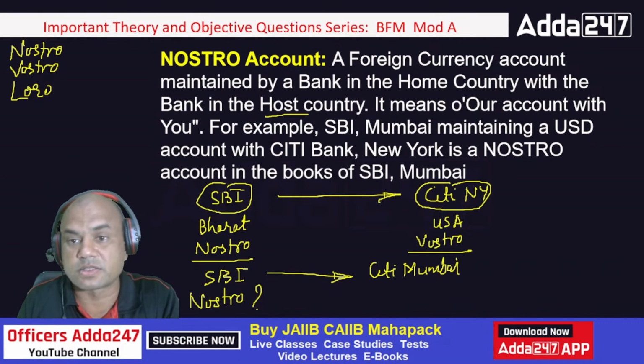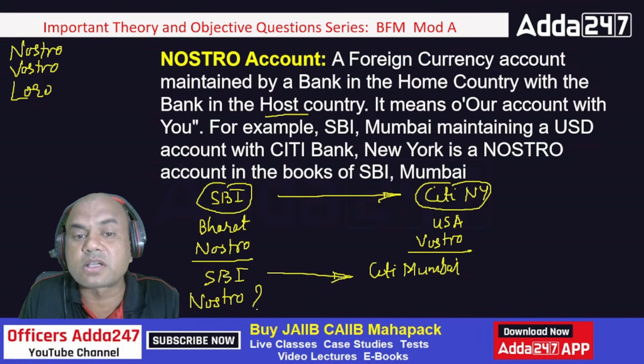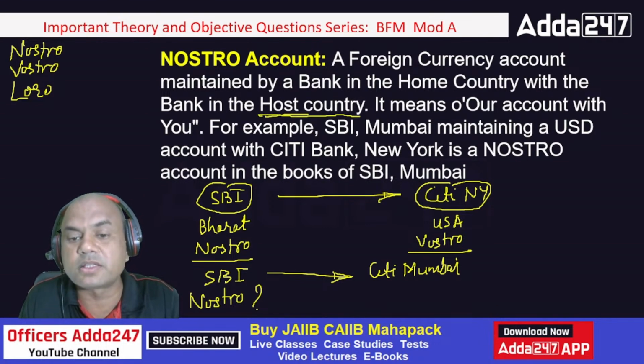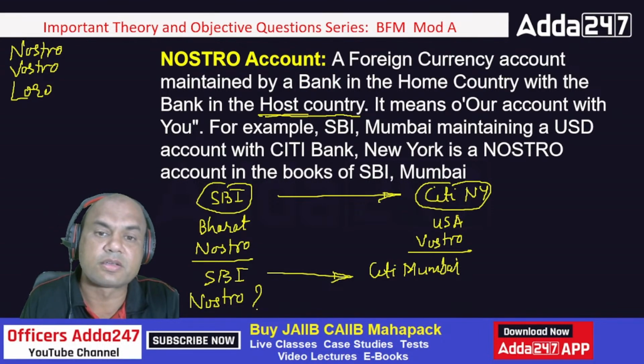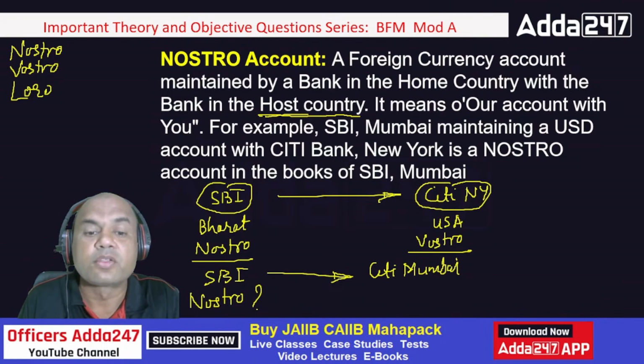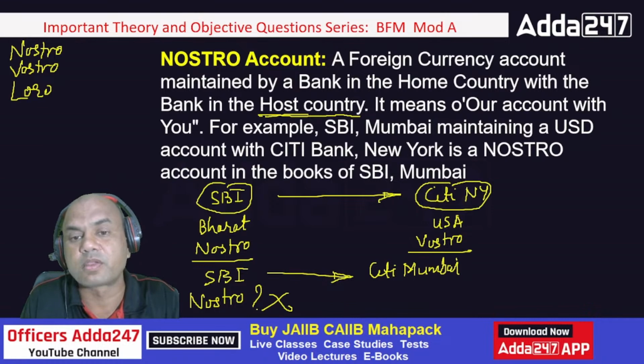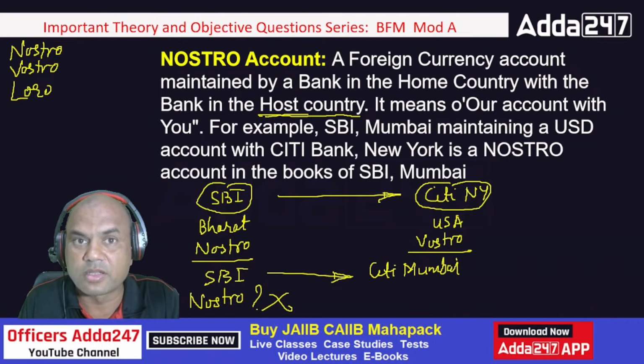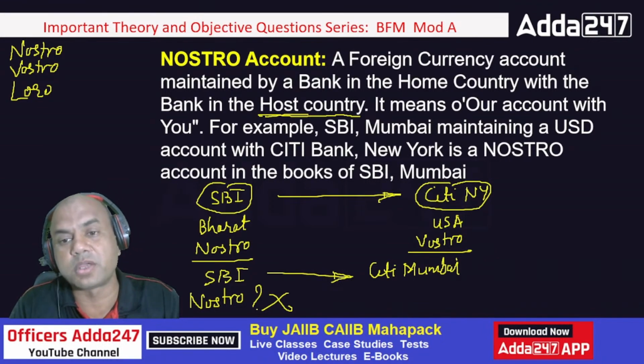Look at the definition. The host country is important. The country is also important. Citibank Mumbai is an Indian bank. Citibank New York is a USA bank. So this is not called a Nostro. It should be in the host country. Got this point clear, everyone? The concept should be very clear in your mind.